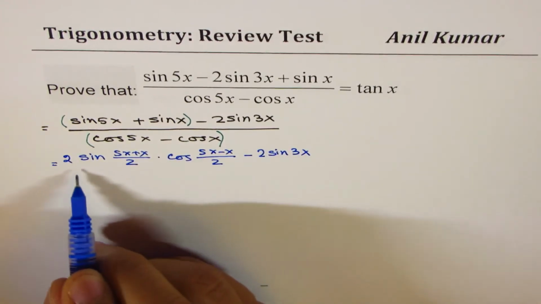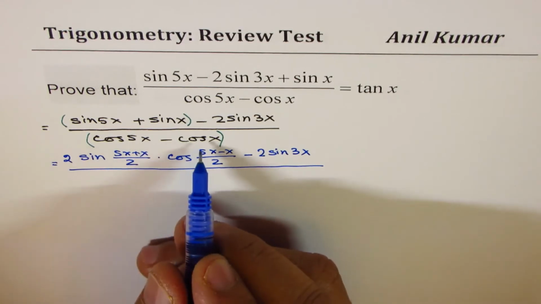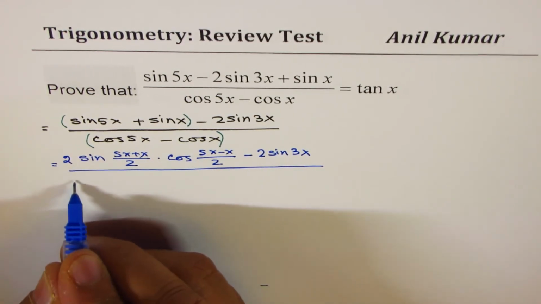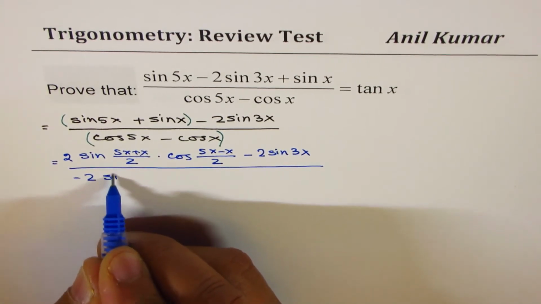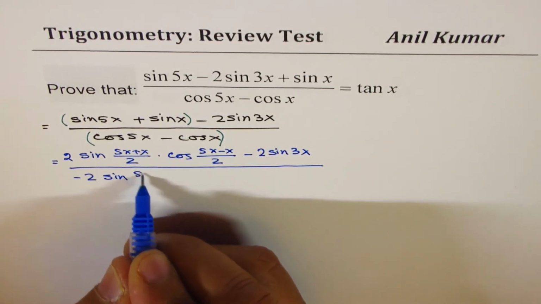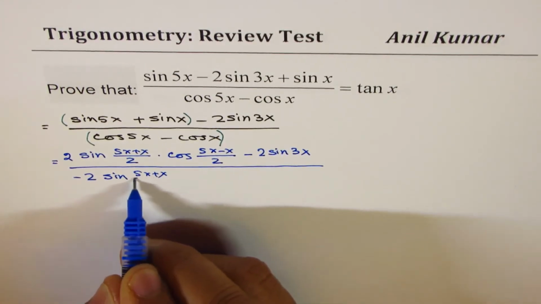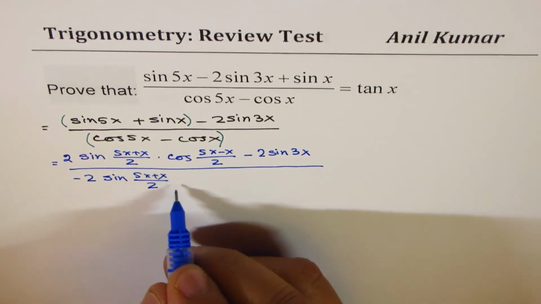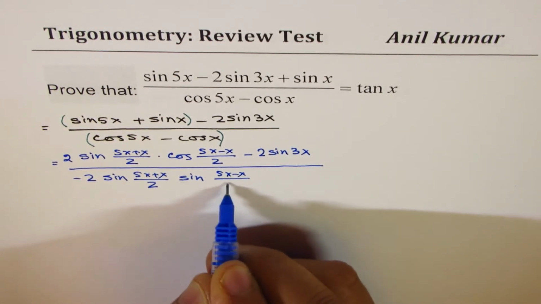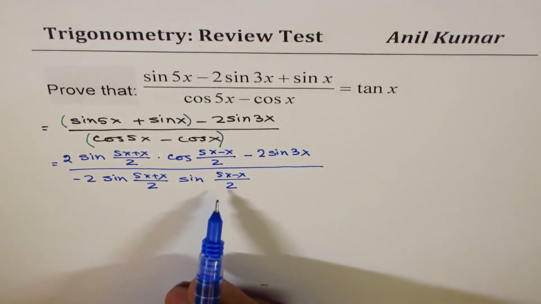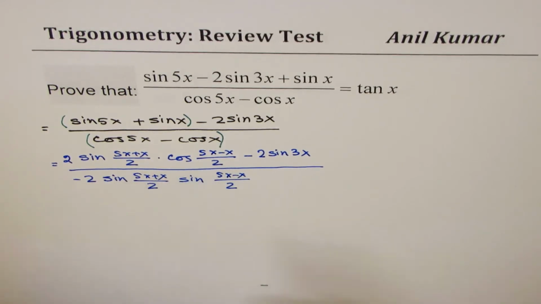You get an idea, right? Divided by, in the denominator, we have the difference of these two cosines. So that will be minus 2 times sine of their sum, 5x plus x divided by 2, times sine of their difference, 5x minus x divided by 2, right?